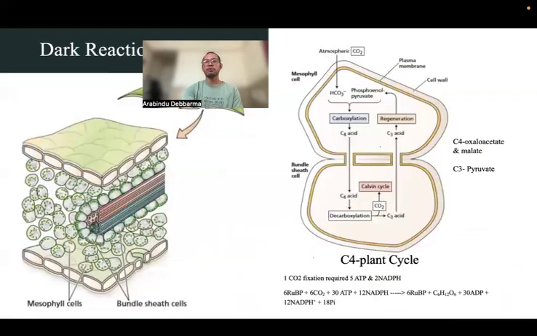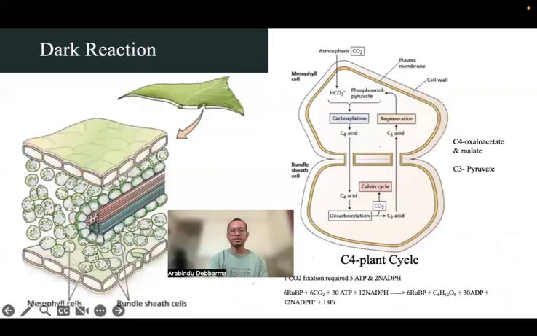Next, is about the C4 plant. Now, we know that C3 plants and C4 plants are of different types. C4 plants are plants that can survive in very extreme conditions, like in desert areas, like the cactus, where if there is a lot of sunlight and they open their leaf stomata, they will lose a lot of water during this process, and the plant will die, because generally they have very little water in their surroundings.